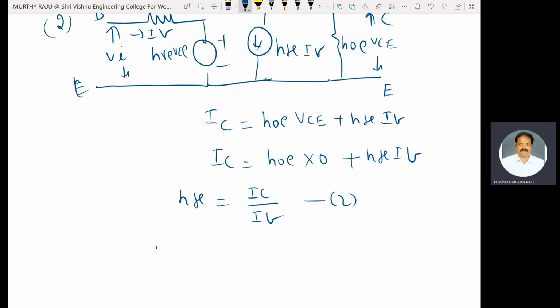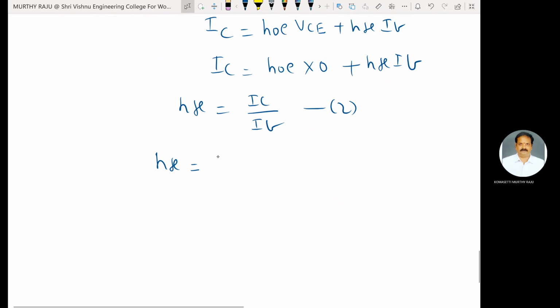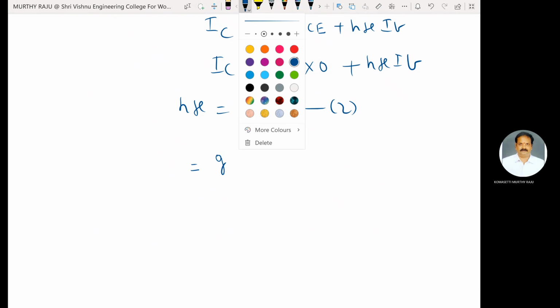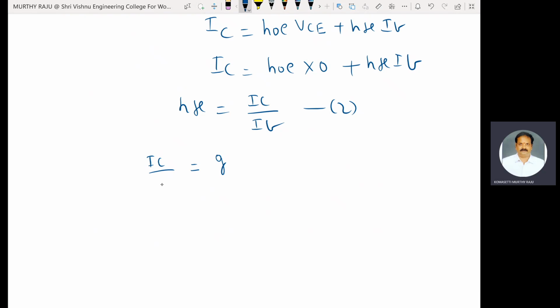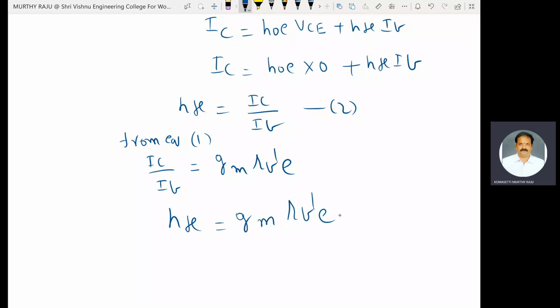Therefore, from the first equation, IC by IB is equal to GM into RB dash E. But IC by IB is equal to HFE. HFE is equal to GM into RB dash E.